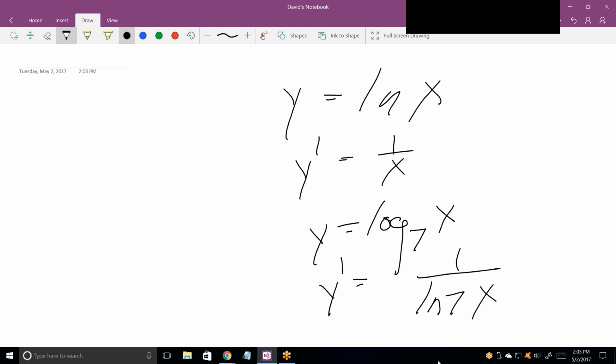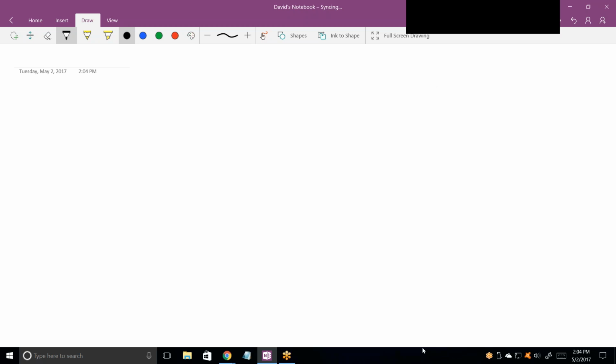That's the only difference. Basically 1 over x, but there's that natural log of the base. Now, if it was natural log of x, then it would be natural log of e, which is 1. All right. What else you got?